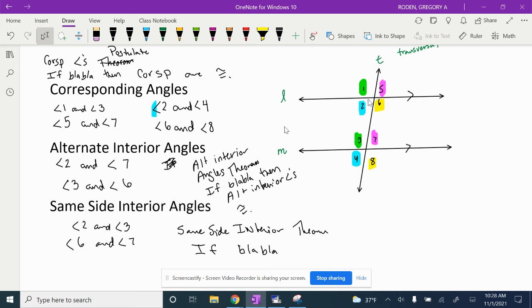And guys, you can clearly see that 2 and 3 are not congruent, right? This one looks obtuse. This one looks slightly acute. They're not going to be always congruent. They're going to be supplementary. If blah, blah, then same side interiors are supplementary. Good job. Nicole, does that help?